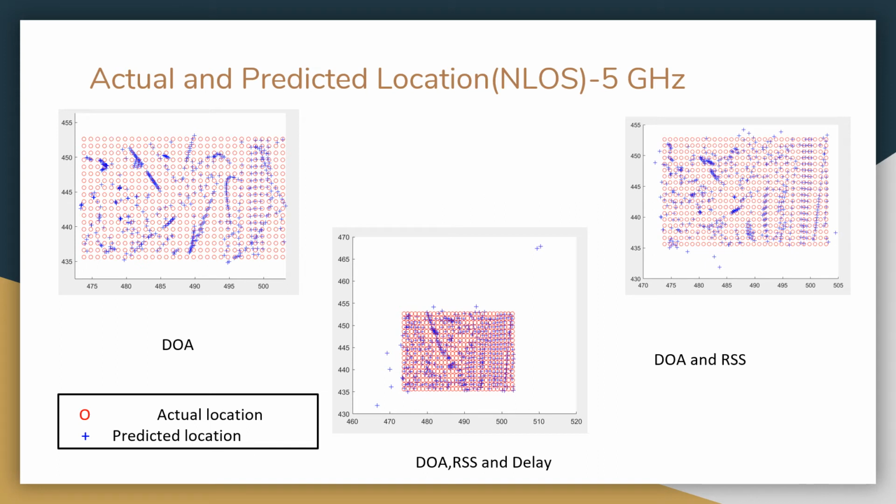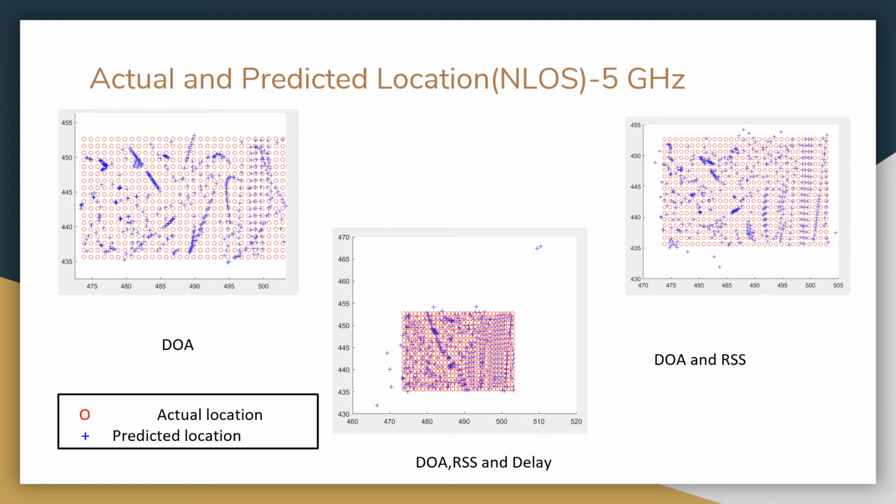While in case of non-line of sight, only DOA cannot predict the location at all. As we can see, many predicted points are overlapping because they are having the same DOA. When RSS is used along with DOA as input, the neural network performed a little better since it can differentiate the users with 2 parameters. Adding delay with the other 2 adds another degree of freedom.